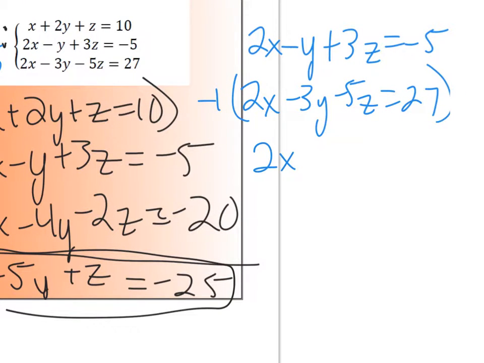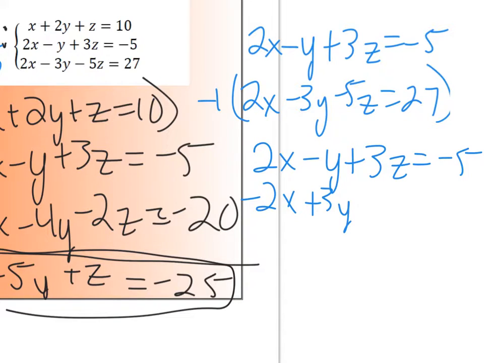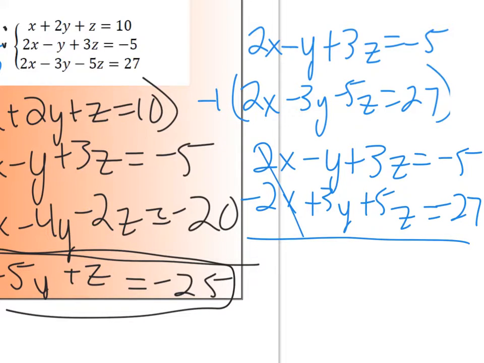Remember, the big goal is I'm trying to get rid of one of the variables so that it's down to a system that I can work with. So when I put this together, 2x minus 2x goes away. 2y plus 8z equals negative 32.